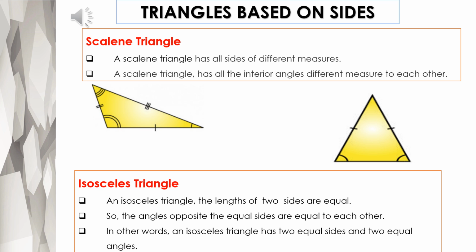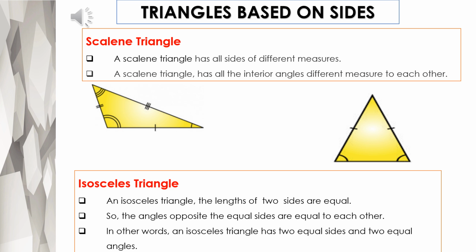Now, let us go into the isosceles triangle. In an isosceles triangle, as you can see in the figure, the lengths of two sides are always equal. So the angles opposite the equal sides are equal to each other.